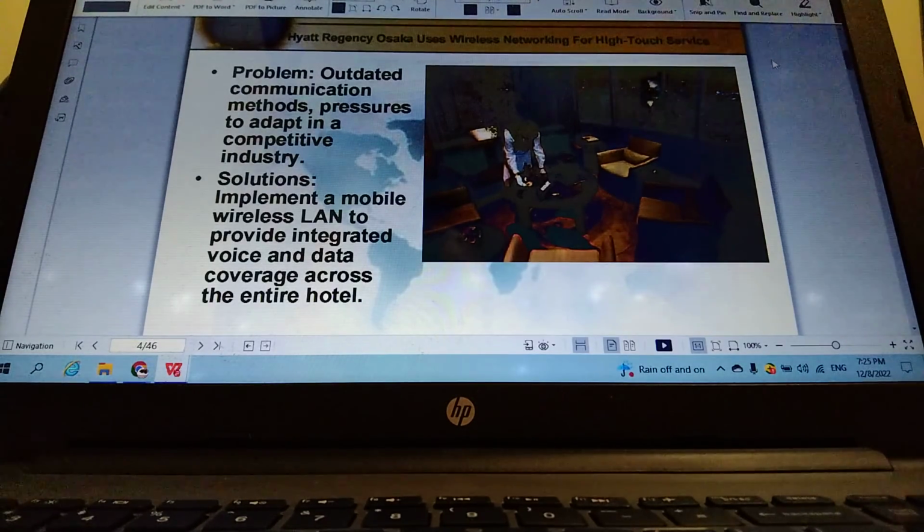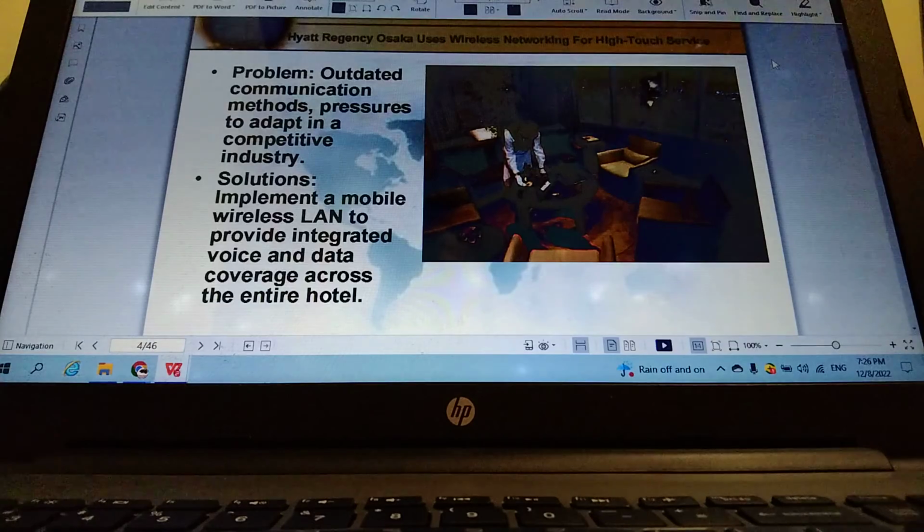But the problem they have with this particular hotel is outdated communication method, pressures to adapt in a competitive industry. So due to the outdated communication method, they are looking into how they can make use of MIS in solving this problem. I'm very sure all of you have been to many hotels and how updated or how they have invested IT into the hotel infrastructure, support, and services.